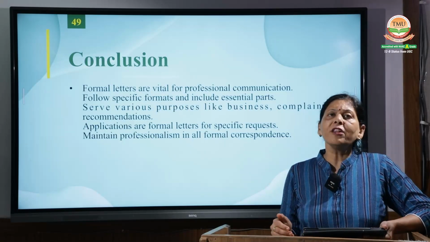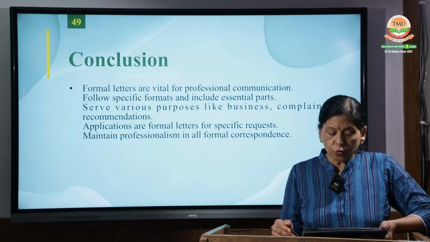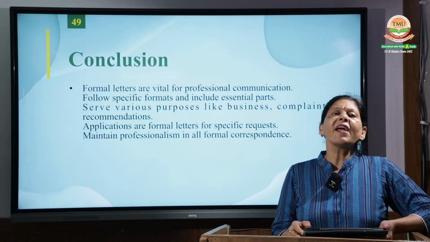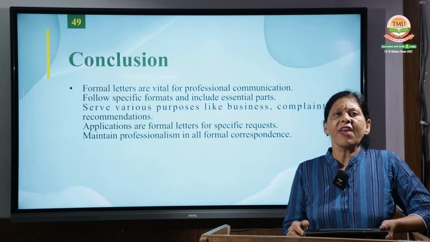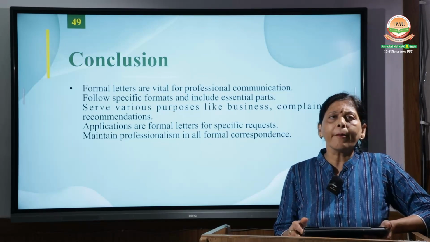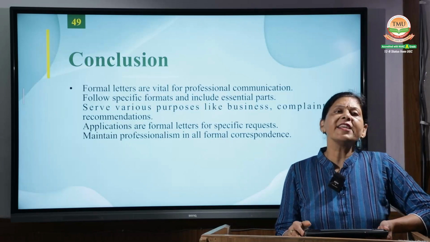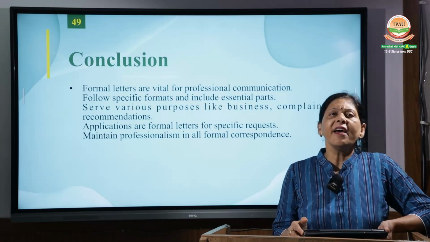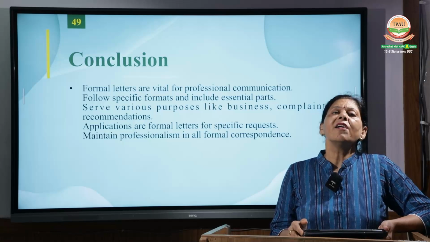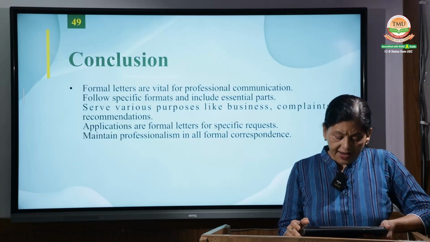The format, the language, and the tone have to be the same. But when we are writing applications, the tone has to be requesting. And when we are writing a complaint letter or resignation letter, the tone has to be assertive.